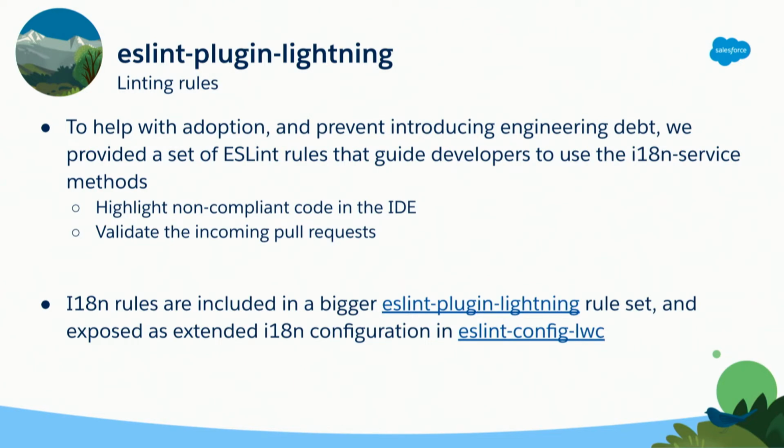And if this can be done in the IDE, it's even better, because those issues will be fixed before they even check in the code to the source repository. And in the web components world, in the JavaScript world, ESLint is the most popular linter right now. So this is exactly what we did.